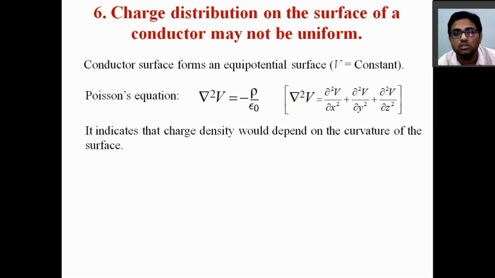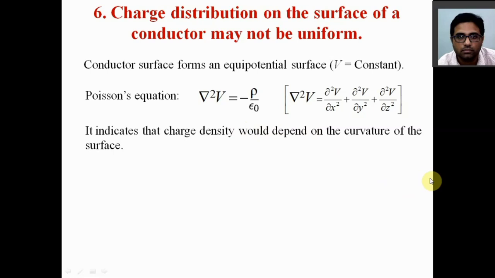It is because when we have a scalar function, if we perform a second order partial derivative on the function, it will give us the curvature of the surface. That is why it indicates that the charge density depends on the curvature of the surface, because del square V gives us the magnitude of the curvature of the surface.